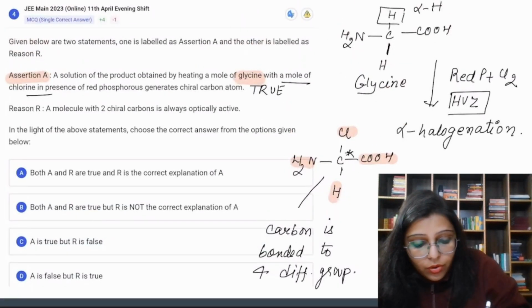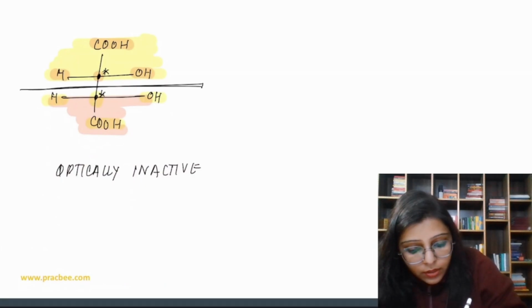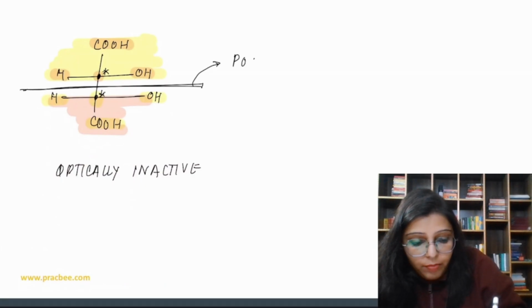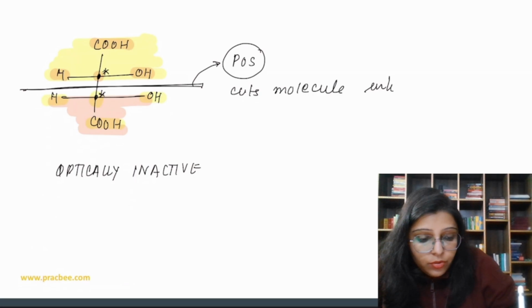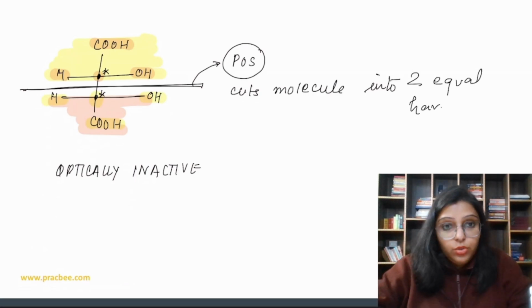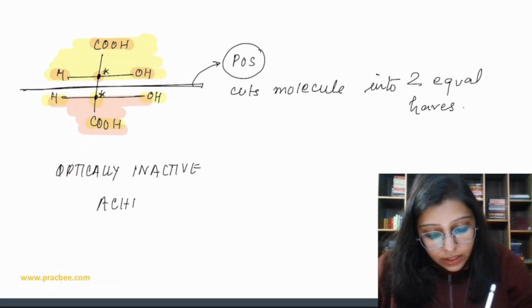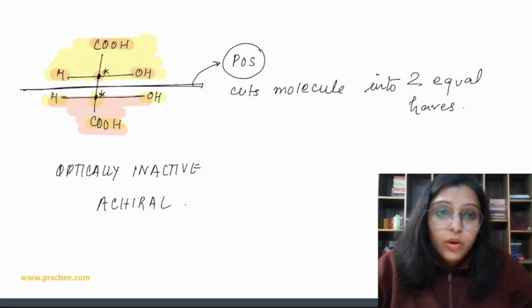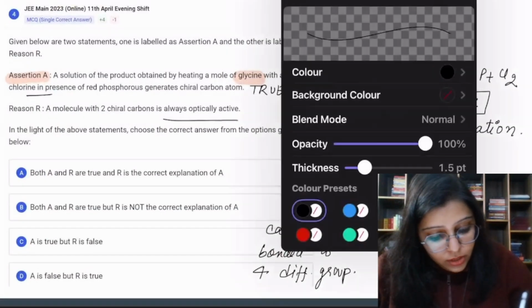Why optically inactive? Because we have a plane of symmetry that cuts the molecule into 2 equal halves. So that's why this is optically inactive, or we can say this is achiral. So this statement is not always true.